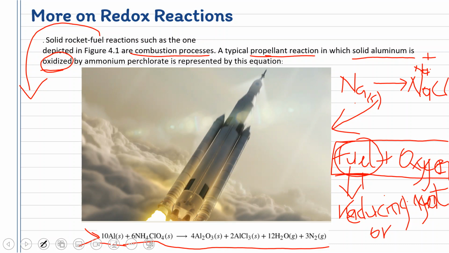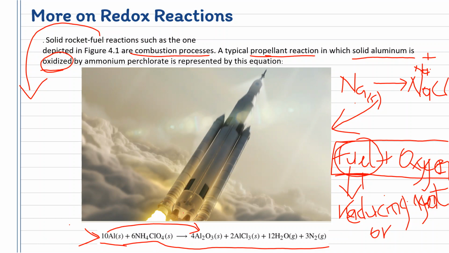It's the same thing happening to aluminium. If you look down here, aluminium was just a solid, but aluminium goes through oxidation where it loses electrons. How I know it loses electrons is because it combined with oxygen here. It underwent oxidation. That's what we're talking about.